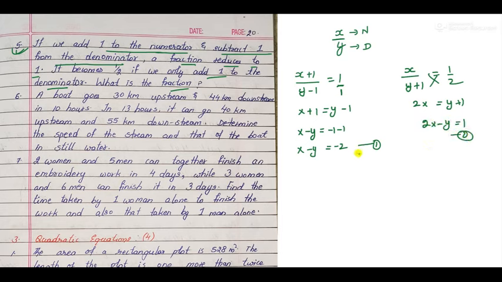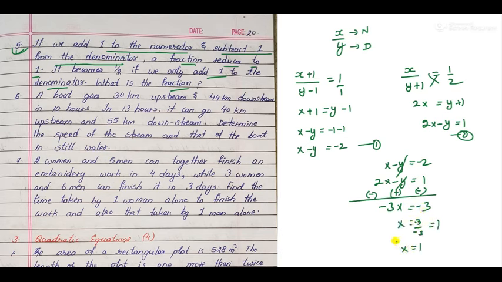This is equation 2. Now just solve it using elimination method. Both of them are minus, so I'll change it to plus. These two get cancelled. You'll get 3x, and this is minus 3. So x is minus 3 by minus 3, which is equal to 1. Now if x is 1, what will be y? Substitute here or here, anywhere.